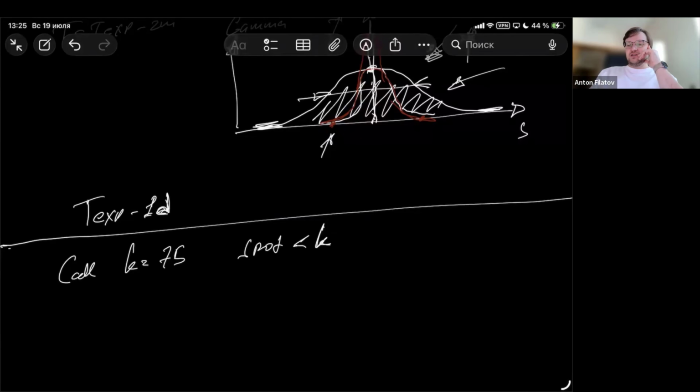Do you think there is a possibility the buyer of this option will exercise the option?